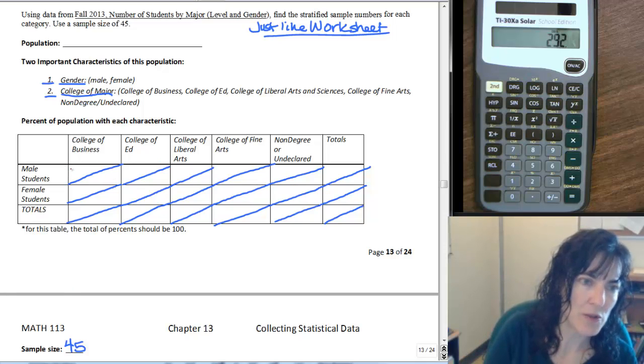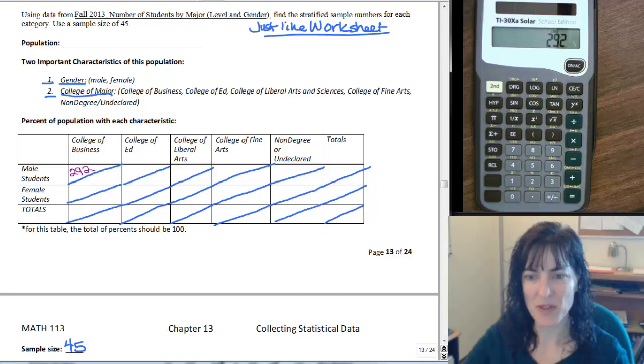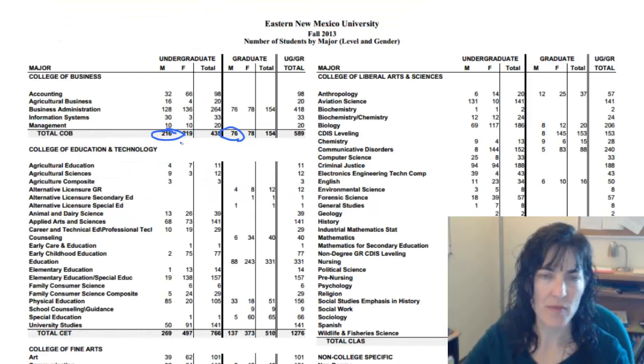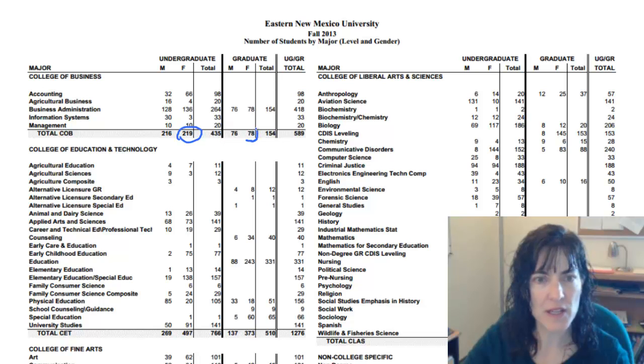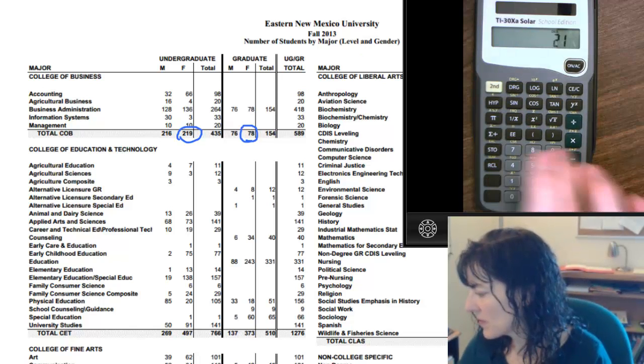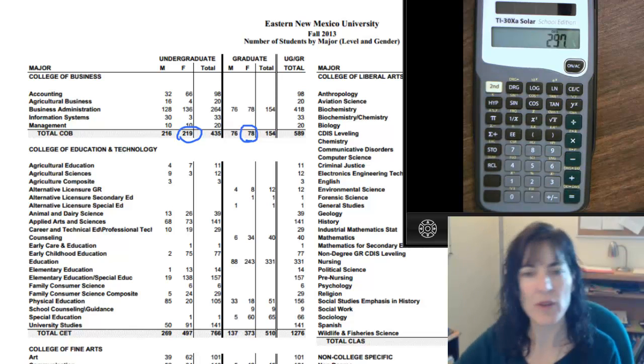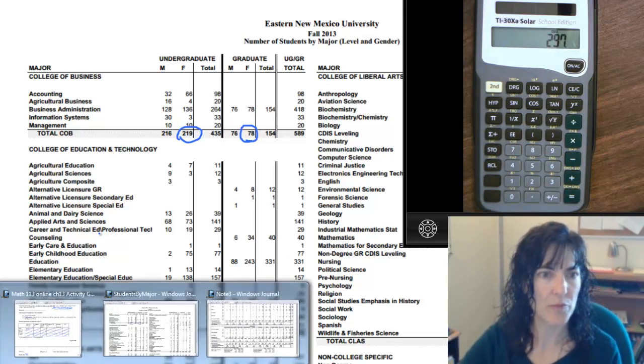So that will give me 292 College of Business males. Come back to our data sheet. Now we want the females for the College of Business. So now we're looking at 219 plus the 78. We get 297.